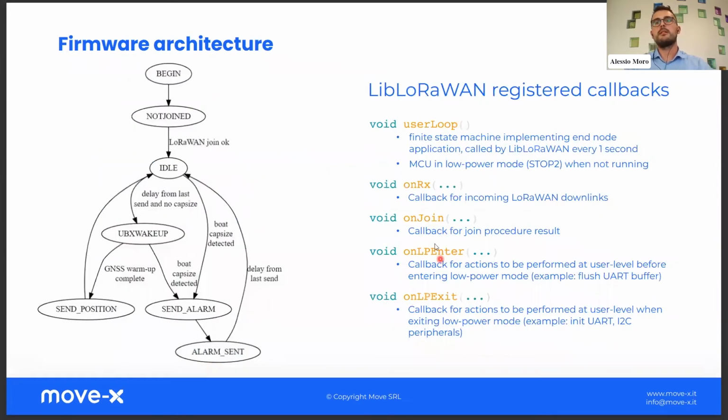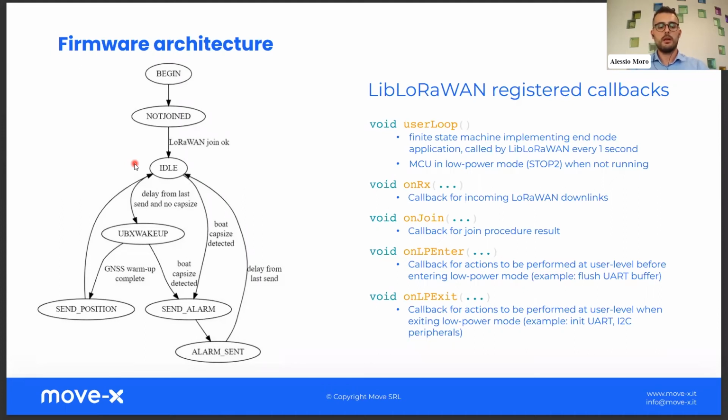The implemented state machine of the firmware handles many different states. First of all, it checks that the network is joined, and once this is done, it constantly monitors the accelerometer data, and when it detects that the board is capsized, it schedules sending an alarm message to the network server in order to notify the rescue service.